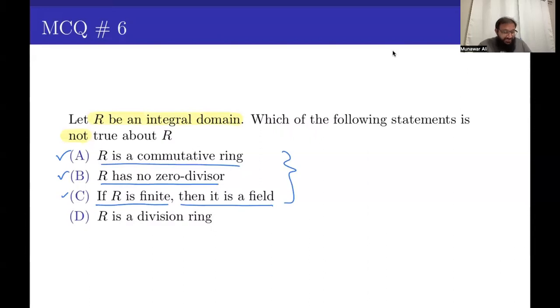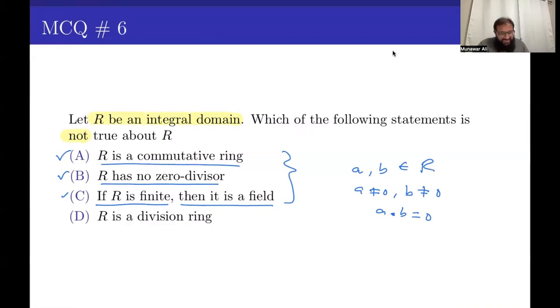And what do you mean by zero divisor? If we take two elements from some ring, and both of these elements are not themselves zero, but their product is zero. In standard rings that we discuss, like the ring of integers or real numbers, this is nonsense.